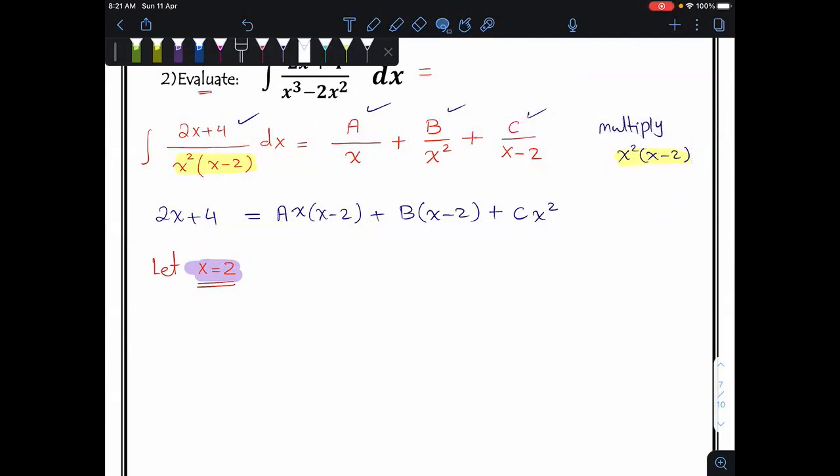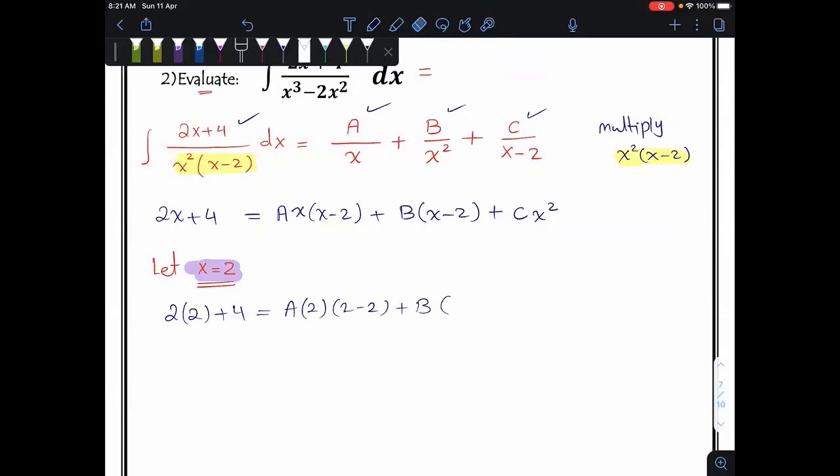Okay. Next step, my goal is to find a, b, and c. So to find these constants, I'm going to substitute 2 for every x here. Why? Because if you plug in 2 here, it gives us what? 0, and here gives 0. So easy now. We have 2 into 2 plus 4 equals a into 2 minus 2 plus b into 2 minus 2.